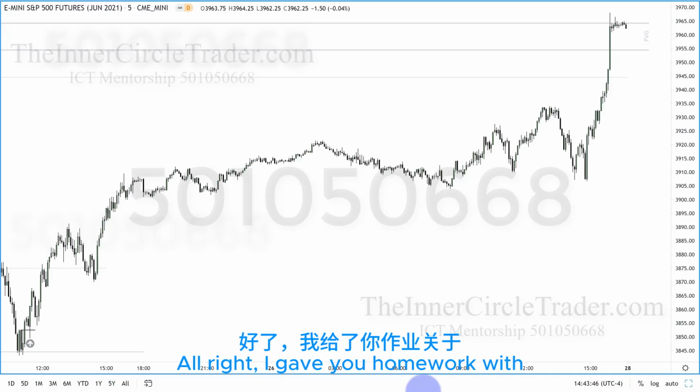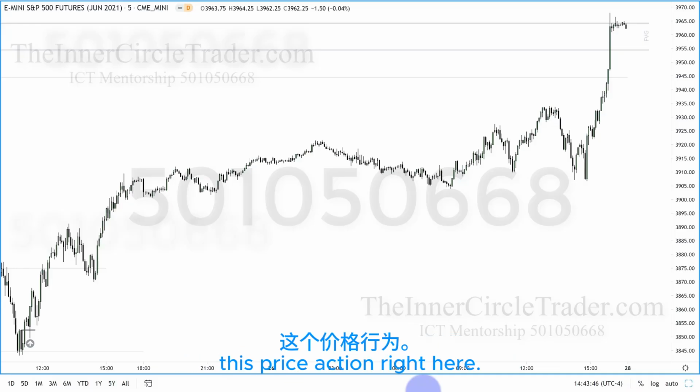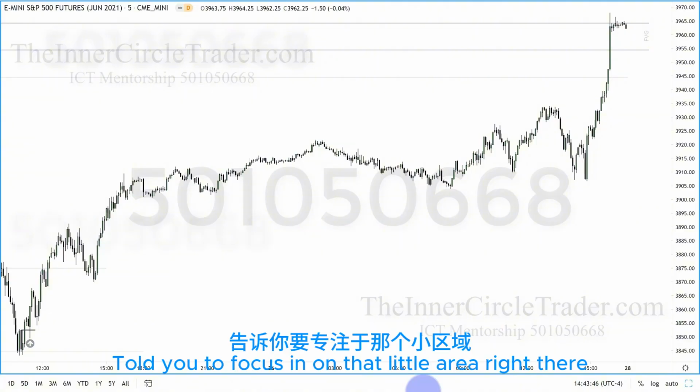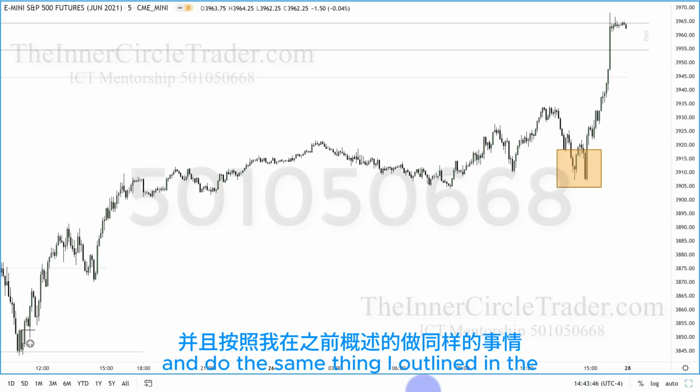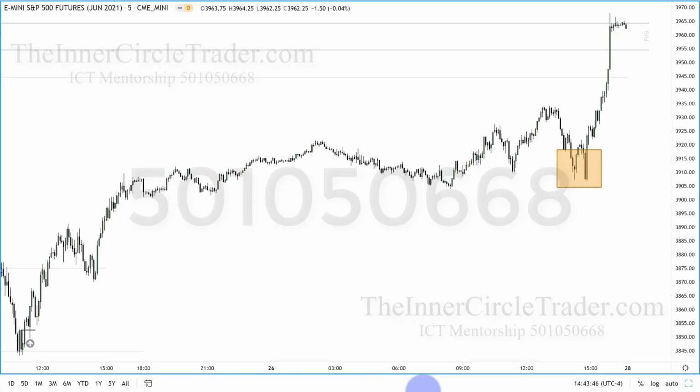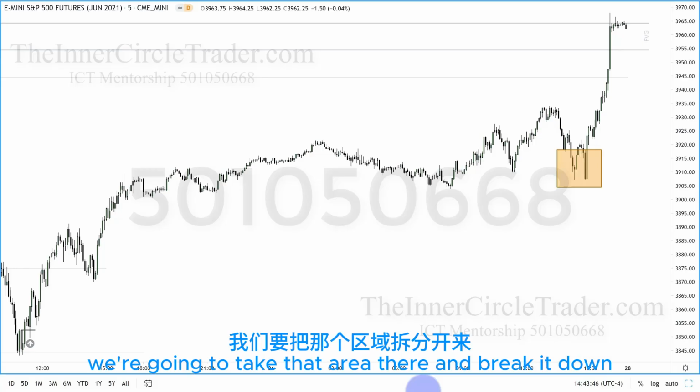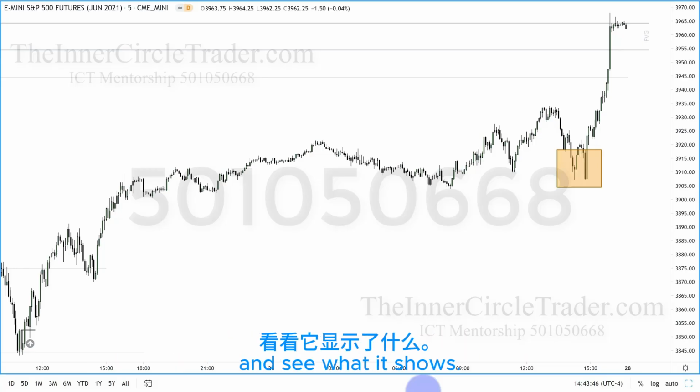I gave you homework with this price action right here. I told you to focus in on that little area and do the same thing I outlined in the previous lecture. So we're going to take that area and break it down and see what it shows.